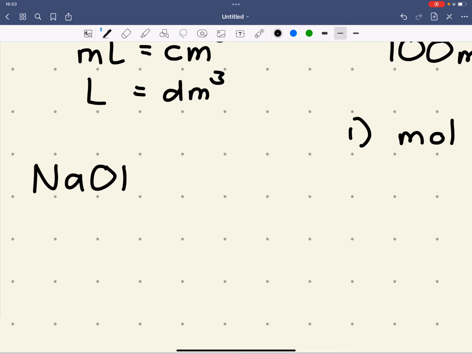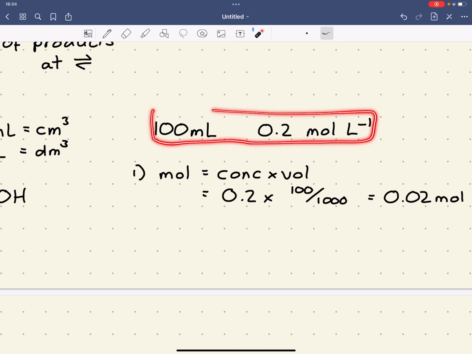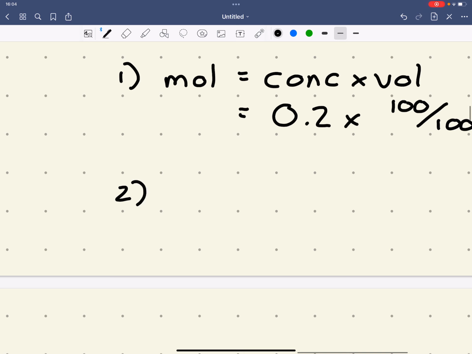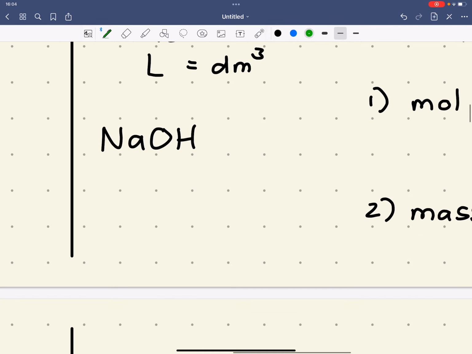We now need to work out the mass of this sodium hydroxide that's needed to make this solution with that volume and that concentration. And the next little bit you do then is work out the mass. And mass is the Mr times the moles. The Mr of sodium hydroxide, well, that is 23.